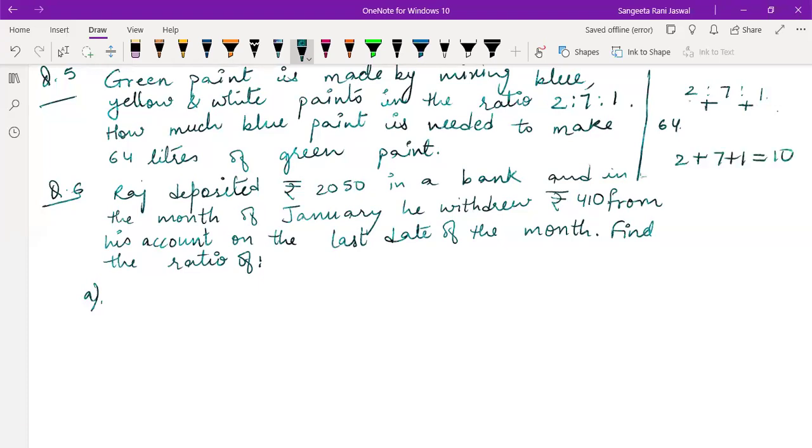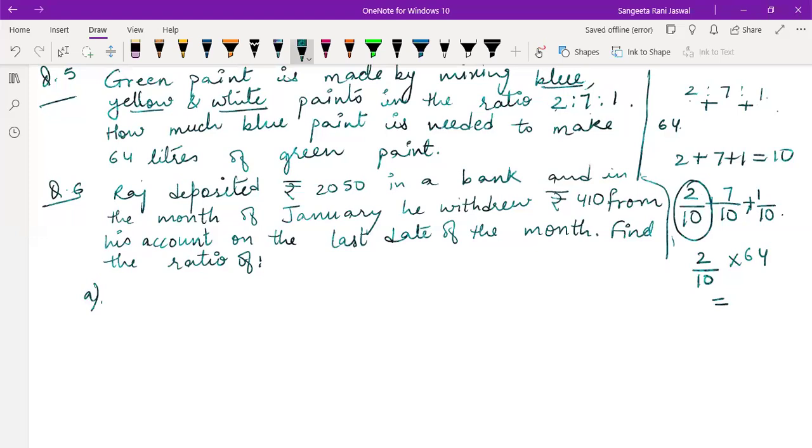So that means 2 was blue, and 7 was yellow, 1 was white. So blue is 2/10 of the part, yellow is 7/10 of the part, and white is 1/10 of the part. Are you getting? Yes, ma'am. So we need to find how much blue paint is needed. So blue is needed 2/10 of the part. 2/10 of 64. Okay.